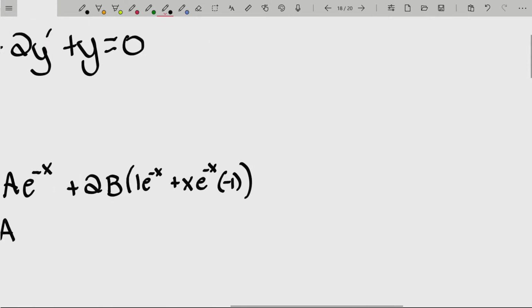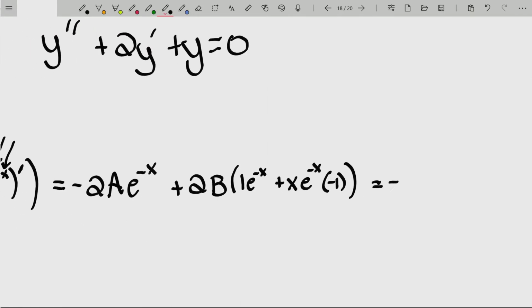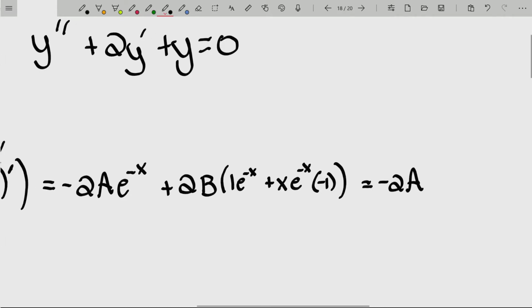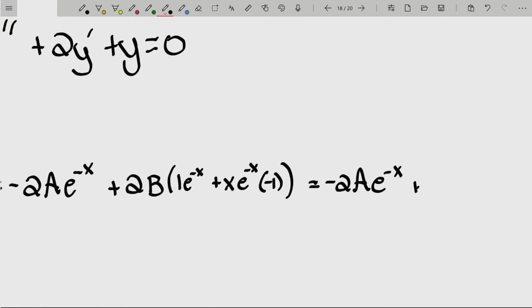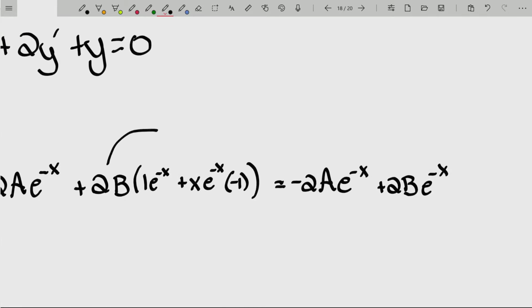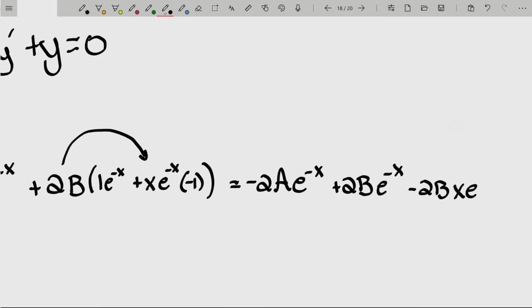Actually, do I have room off to the right? I do. Let me write it off to the right. I have a negative 2a e to the negative x plus 2b. Again, e to the negative x. And then remember, this 2b is distributing through, so it's going to be minus 2b x e to the negative x.